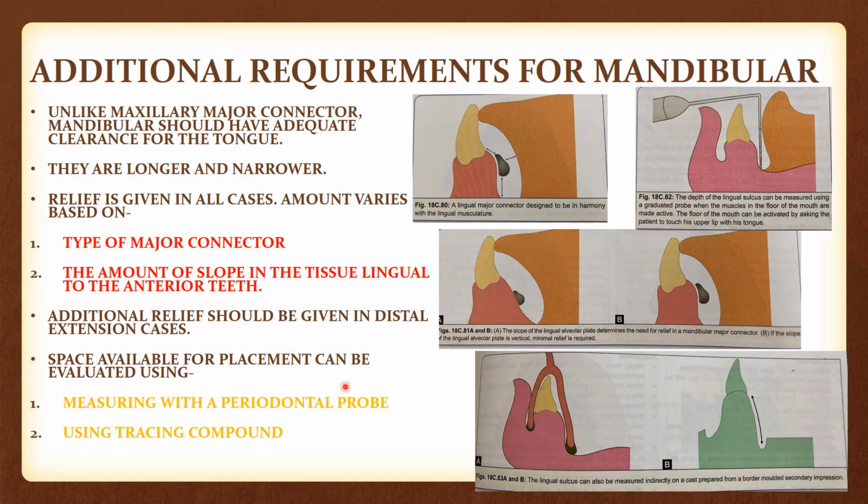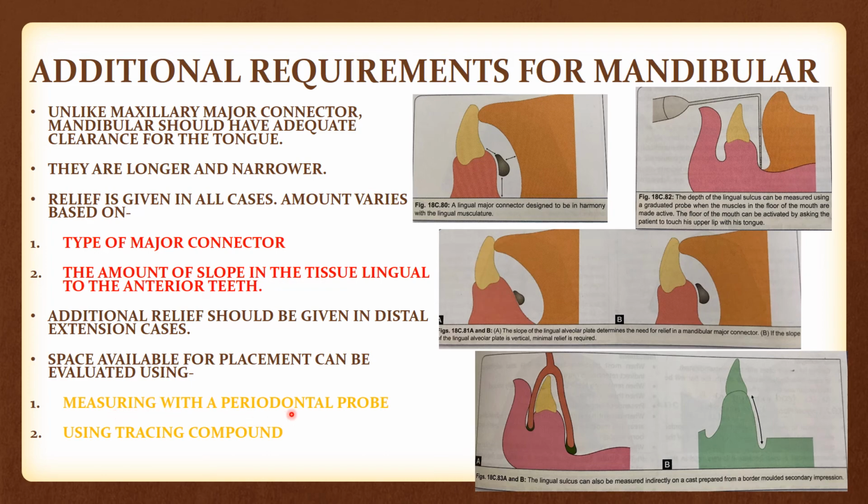Now, the space which is available for the placement can be evaluated using two methods, where you can see how much space is available for the placement of your denture. The first one is measuring with the periodontal probe.